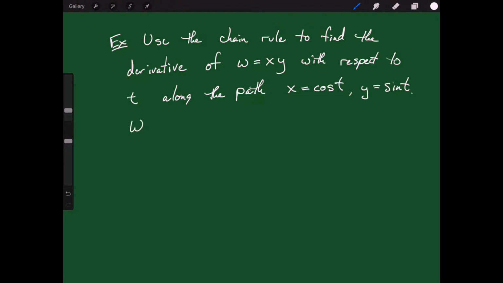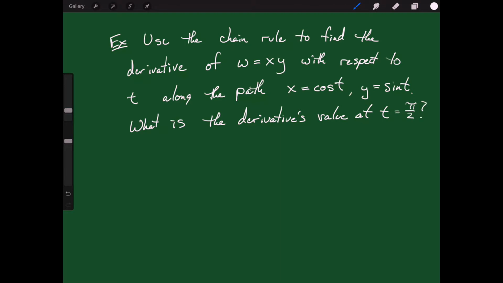Okay, what is the derivative's value at t equal to pi over 2?